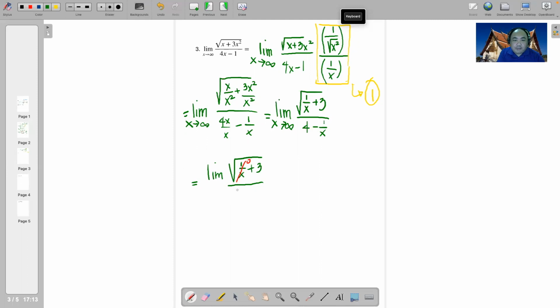And we have 4 minus 1 over x as x approaches infinity. And again, we know that 1 over x is just 0. So finally, we have just the square root of 3 over 4. And there you have it.